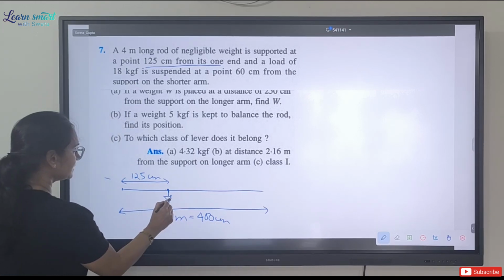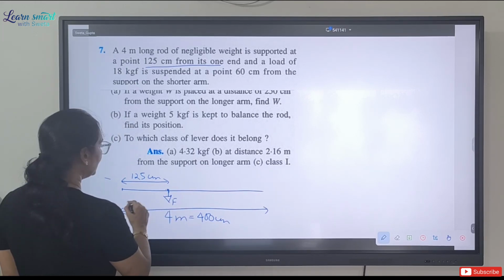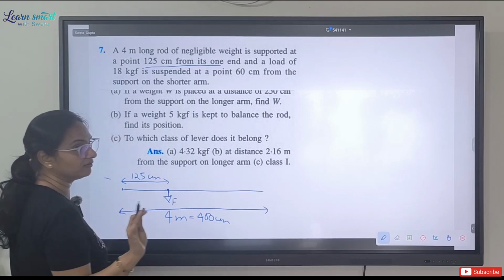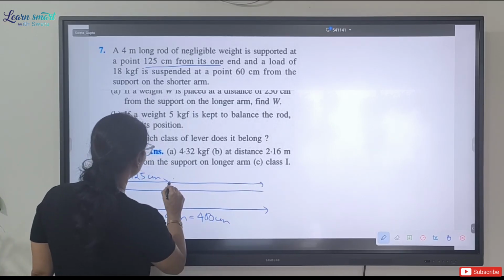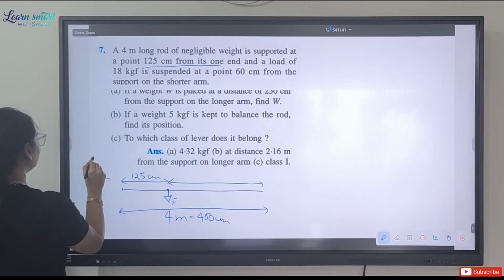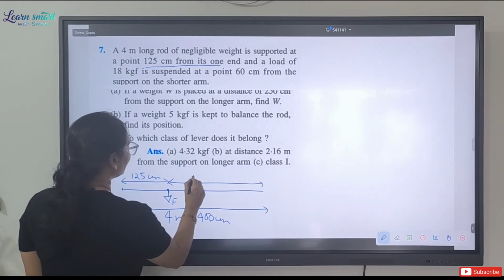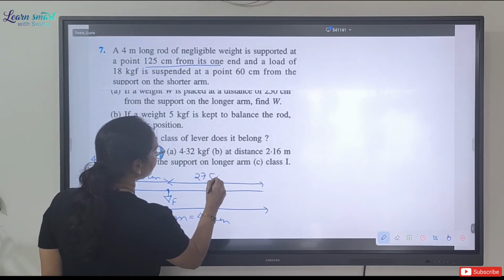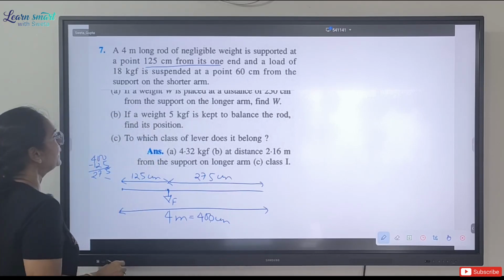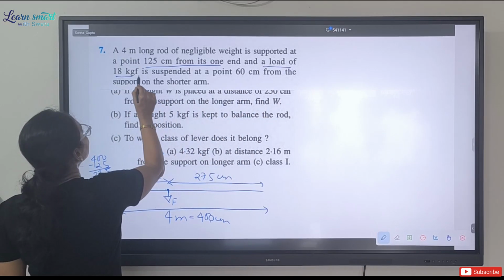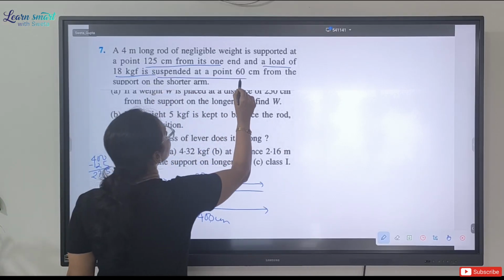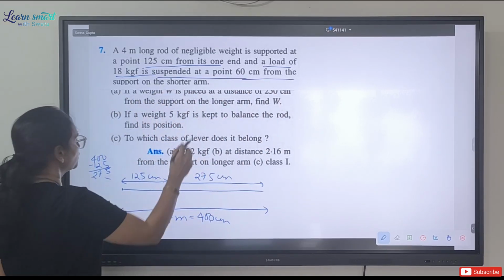Now, this is the fulcrum and the load. We will come to that, but now, what is this distance? Let's calculate. If you do 400 minus 125, you will get 275. So this distance is 275 centimeter. Now they are saying that a load of 18 kgf is suspended at a point 60 centimeter from the support on the shorter arm.